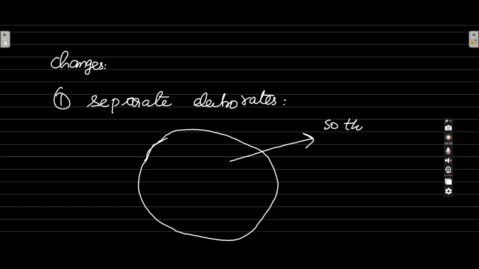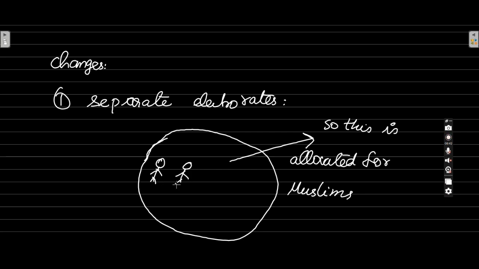So this is allocated for Muslims. So the candidates are Muslims. So they can compete with themselves. So the people, irrespective of Hindus or Muslims, can vote for them. So this is called a separate electorate.